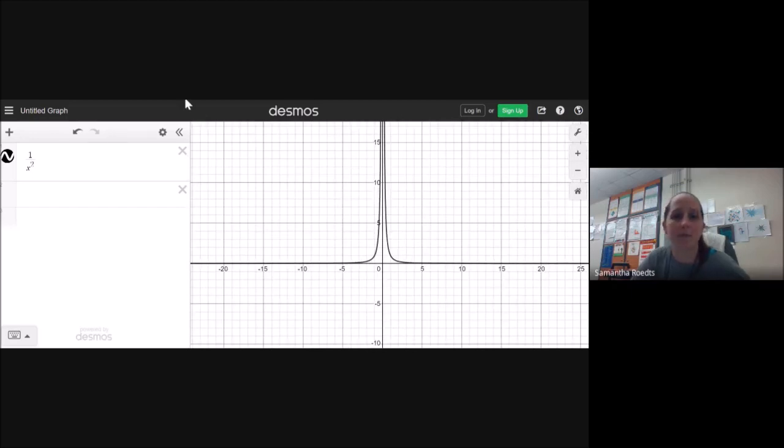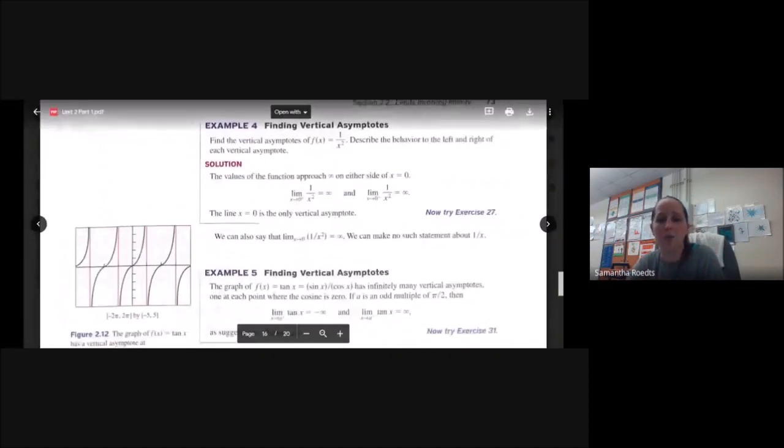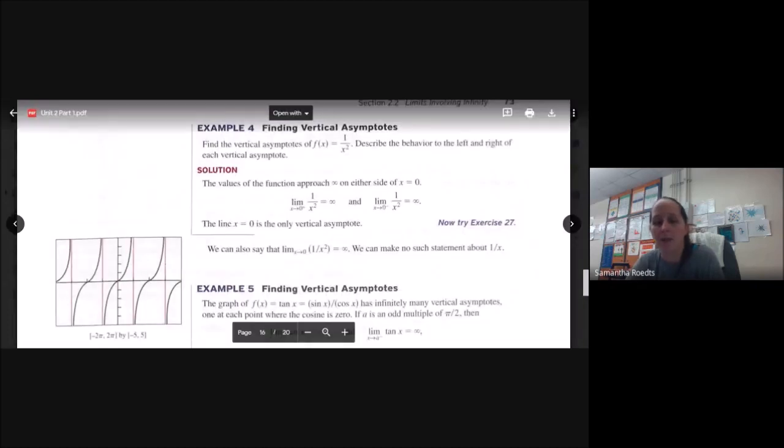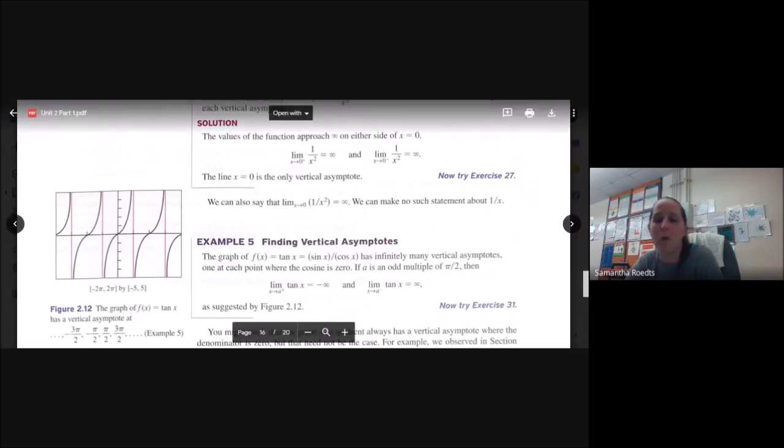So you can see that there is a vertical asymptote at x equals 0. Okay, so we can also say that the limit of 1 over x squared as x approaches 0 is infinity. We can make no such statement, though, about 1 over x. That's not a true statement.